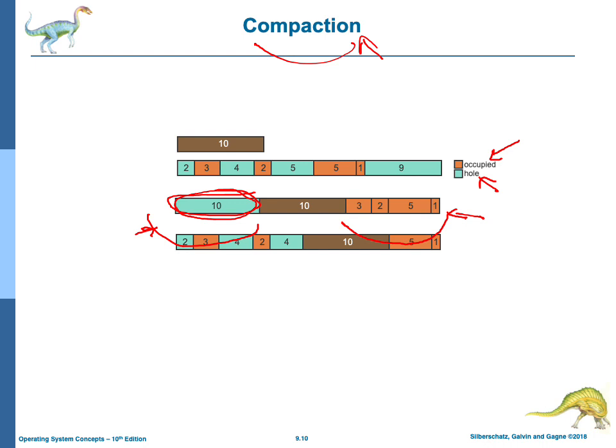Another idea is we don't have to move all the allocated spaces to one side, so we can start moving them one by one. So we move this allocated area right here. We still can't fit this, so this is the new process that we're trying to fit in. So if we move just the first one, we still can't fit a process of size 10.